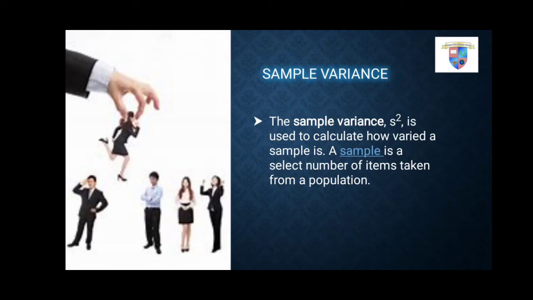So for example, if you are measuring American people's weights, it wouldn't be feasible for you to measure the weights of every person in the population. So the solution is to take a sample of the population, say 1,000 people, and use that sample size to estimate the actual weights of the whole population. The variance helps you to figure out how spread out your weights are.